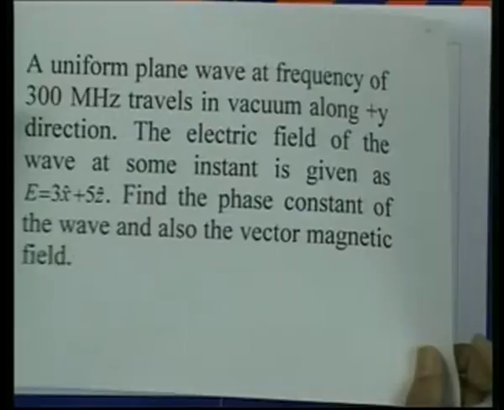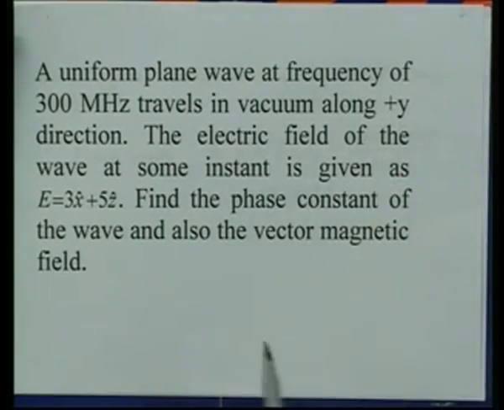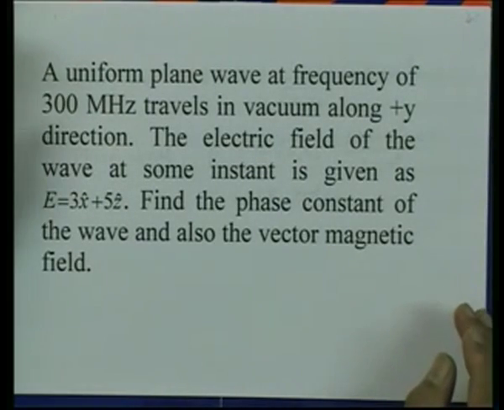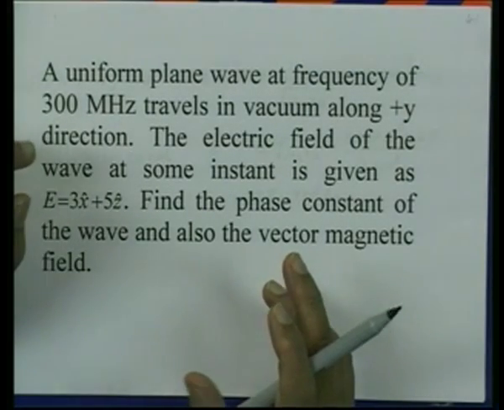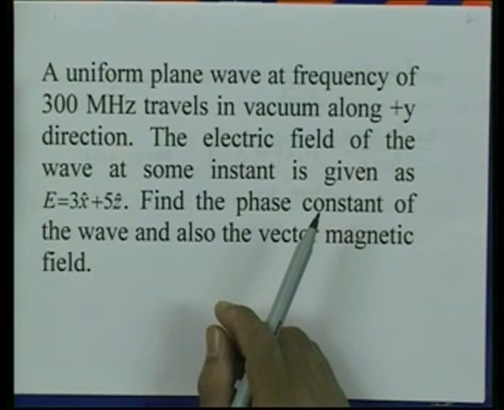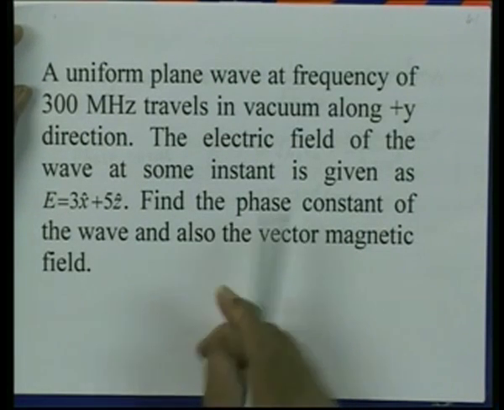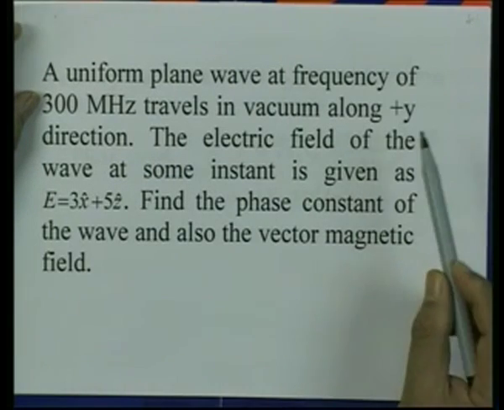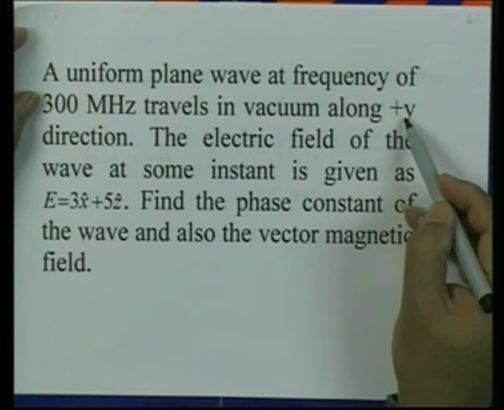Now, since the wave is travelling in y direction, and for uniform plane wave the electric and magnetic fields lie in a plane perpendicular to direction of wave propagation, the E and H both vectors must lie in a plane which is perpendicular to the direction of wave propagation, which is plus y direction.